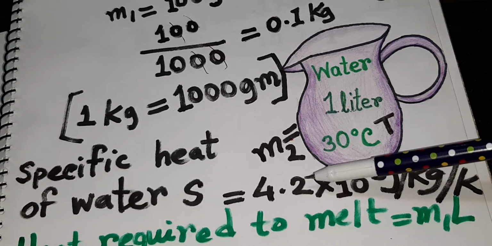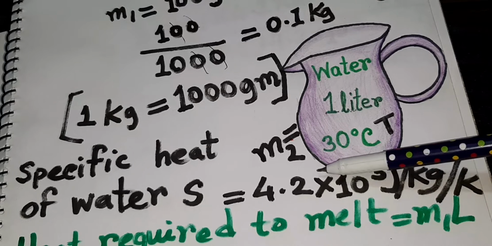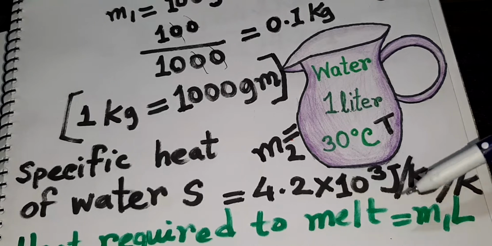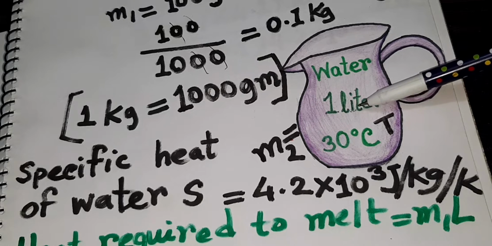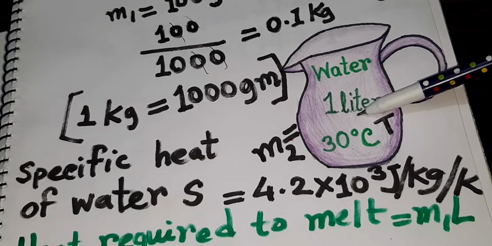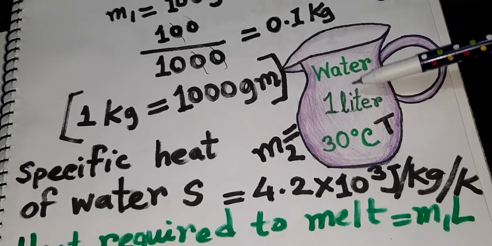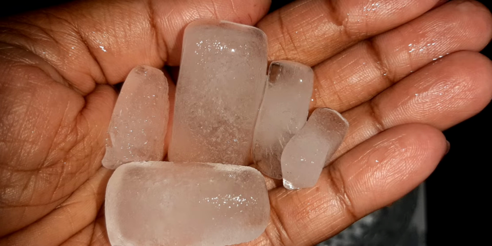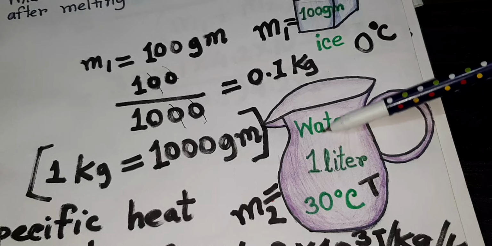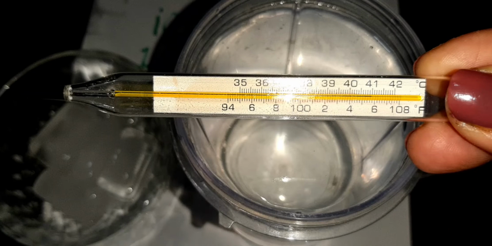So we need to figure out that the 1 liter of water, that is 1 kilogram, has to supply the heat required to melt the piece of ice and to raise its temperature. Whenever you keep your ice inside here, it will start melting, so there is a temperature change.